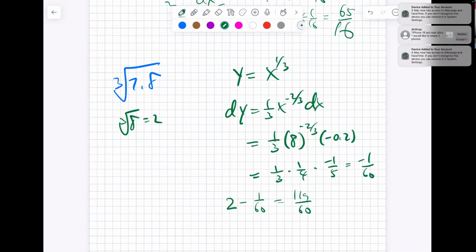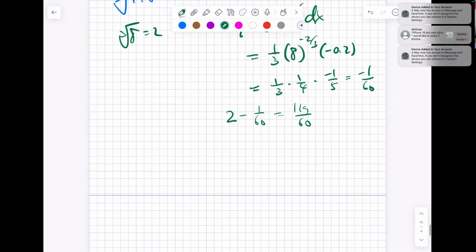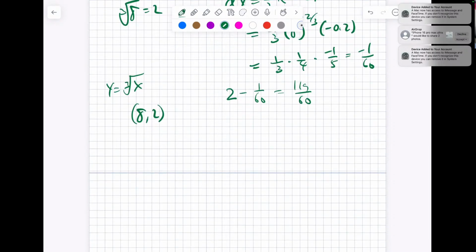Why is it 2 minus, why is it not 8? It's not 8 because you know the cube root of 8. So let's say I do the tangent line approximation. We know (8, 2) is on the function, because y equals the cube root of x, and if I plug in 8, I get 2. So dy/dx equals 1/3 x to the negative 2/3.